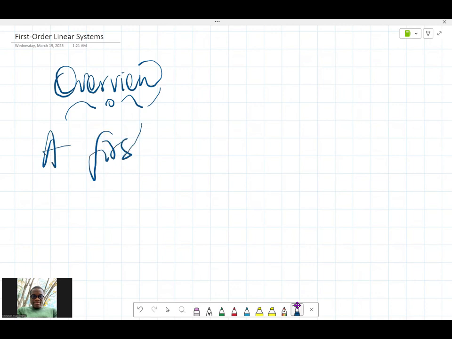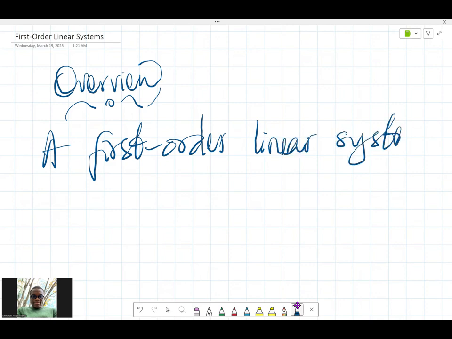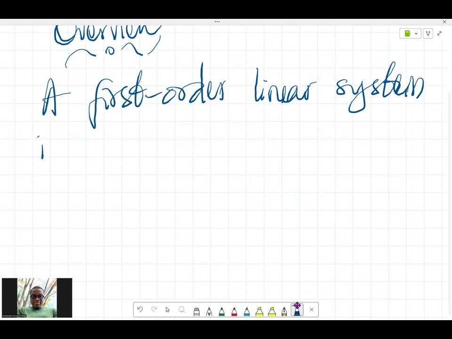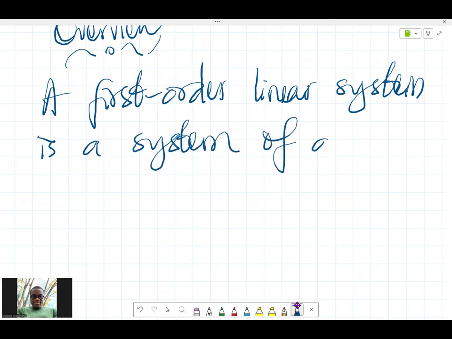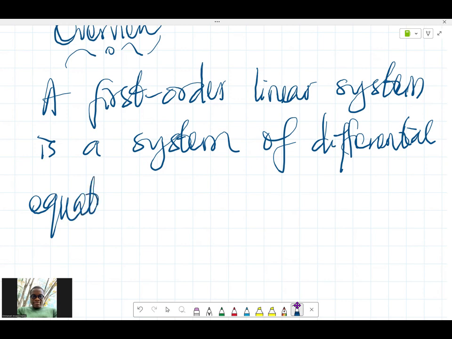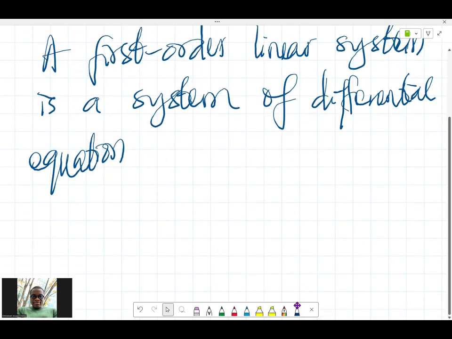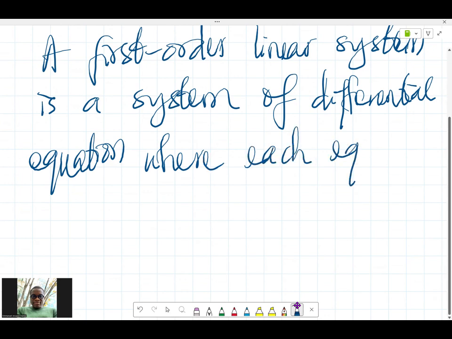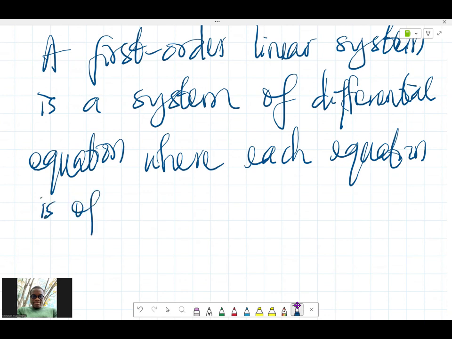A first order linear system is a system of differential equations where each equation is of the first order.